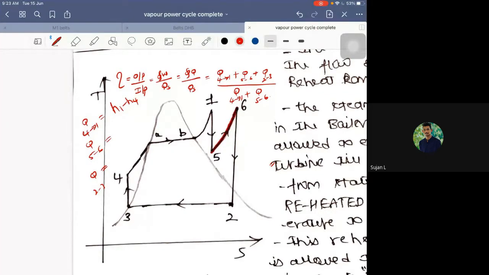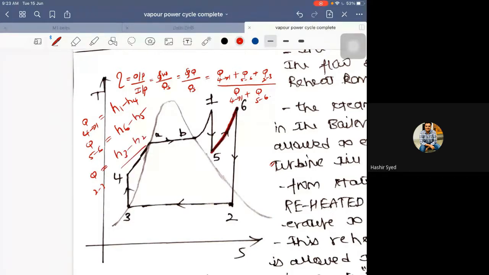Next, Q5 to 6. It is H6 minus H5. Very good. Q2 to 3. It is H3 minus H2.